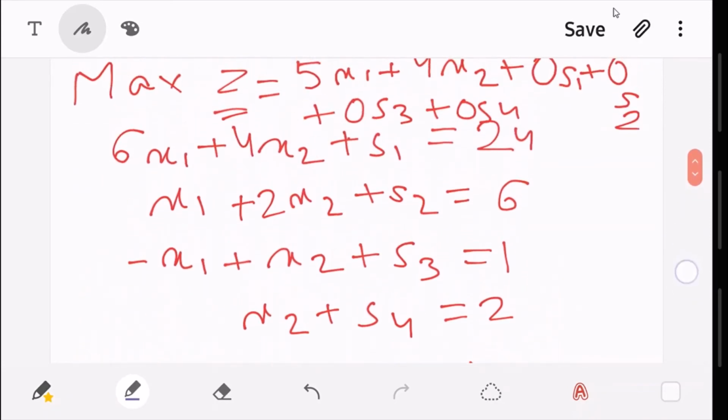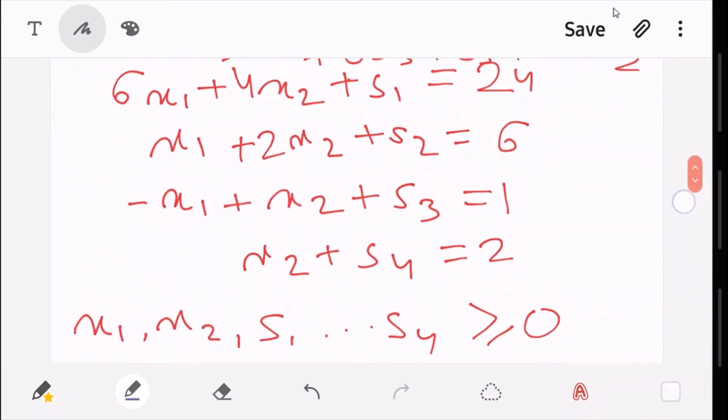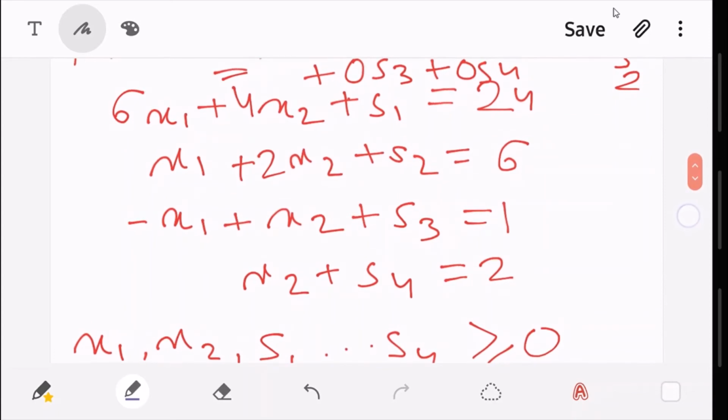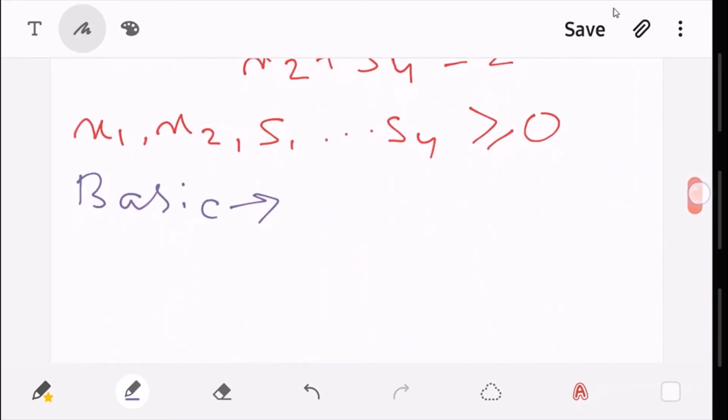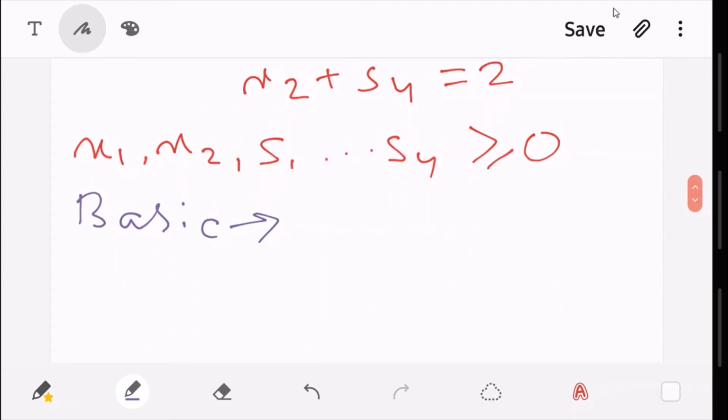So here we have 6 variables, but we have 4 equations. But we know that if there are n variables, there should be the same number of equations to solve. So since we have more variables than constraints, we need to set some variables to 0.